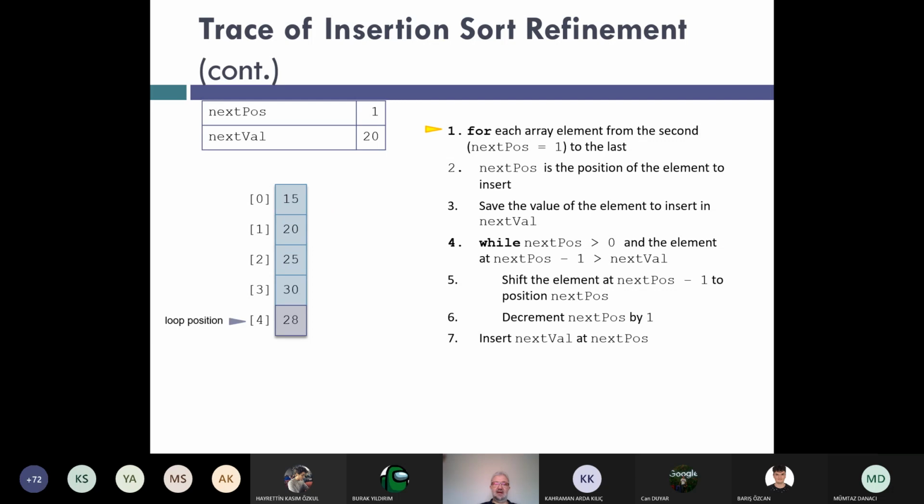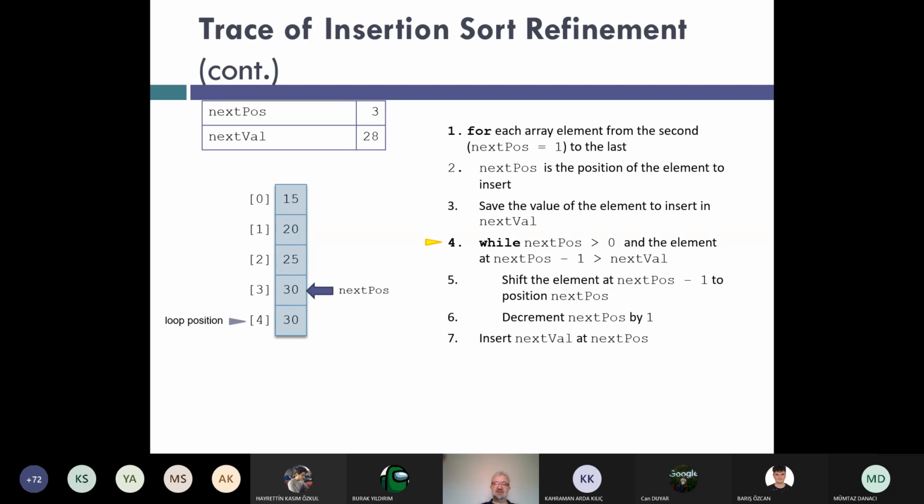Okay, at the last iteration, we insert 28 into this sorted sequence. Next pos is initialized, and next value is set to 28. 30 is larger, so in this while loop, we have to shift 30 one position down, and decrement next pos.